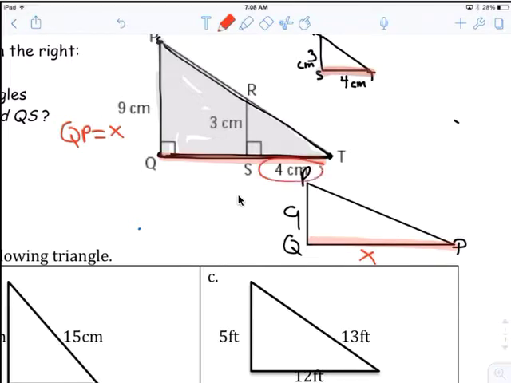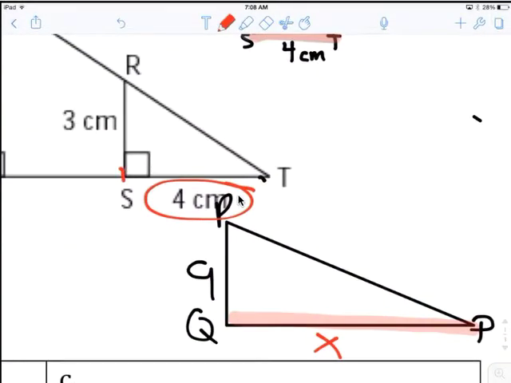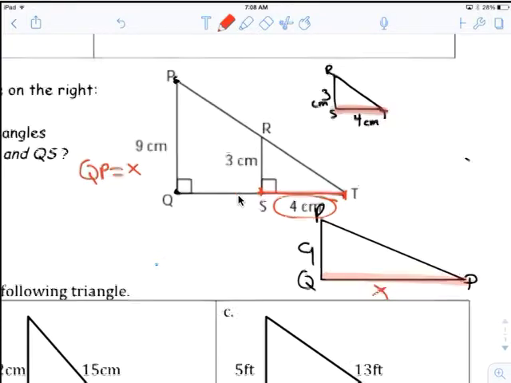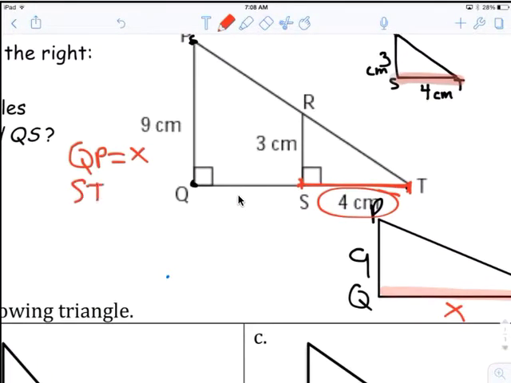Therefore, right here, this letter S right there is 4. So S to T is equal to X minus this 4.